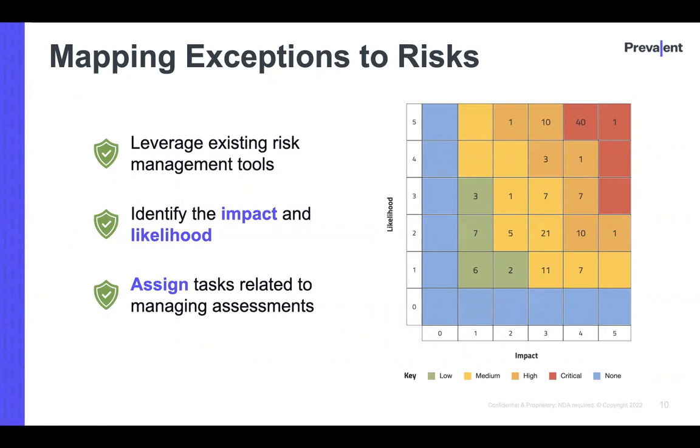So we are leveraging those existing risk management tools you may have, identifying the impact and likelihood so we can assign some reasonable risk scores, again taking into account any existing management response that may already come from the organization. And then finally, we can start to assign those tasks related to managing the assessment.